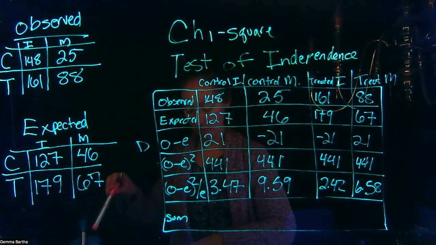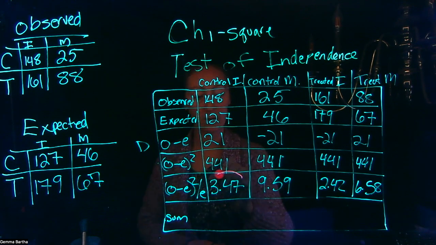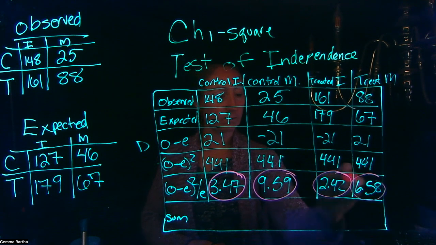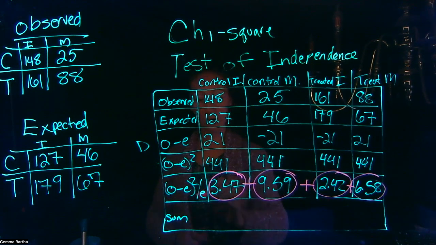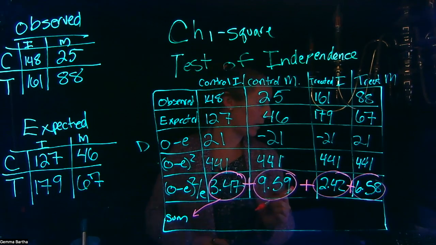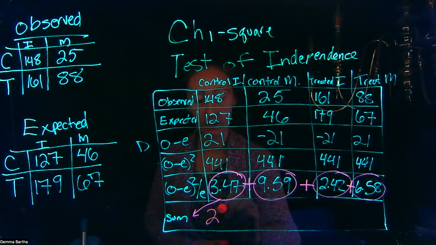You are going to take all of these numbers and you are going to add them to get a single number. That's going to give you your sum. The sum ends up coming out to be 22.06. Okay.